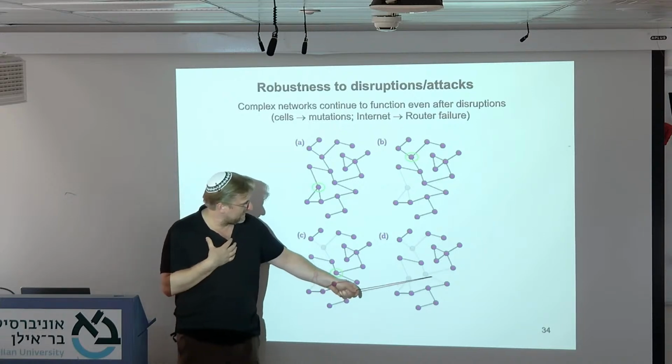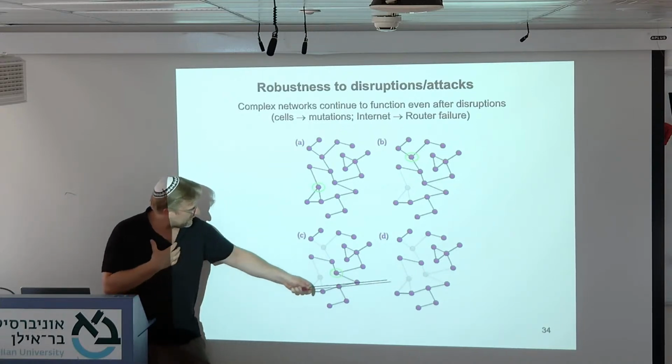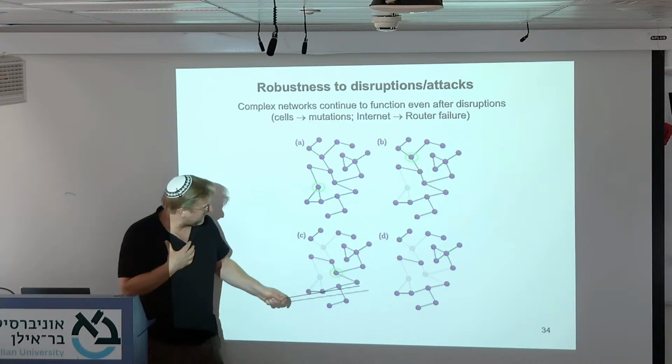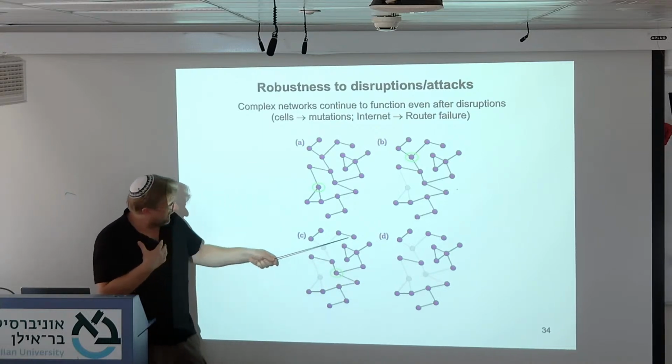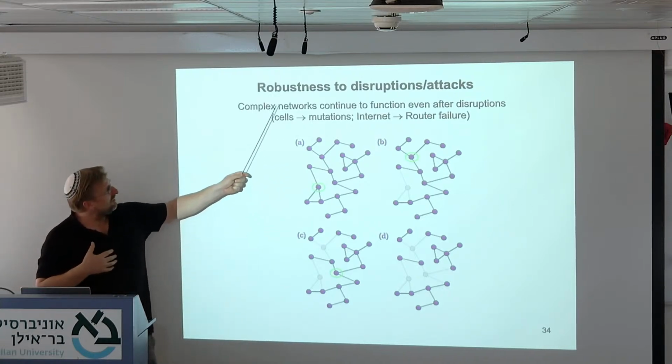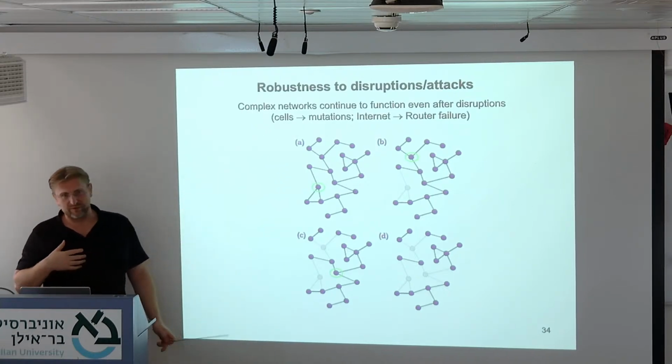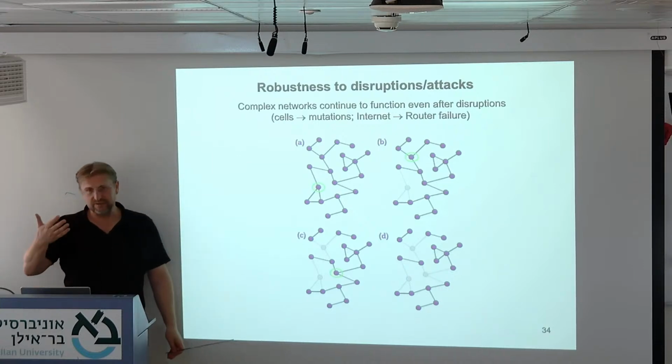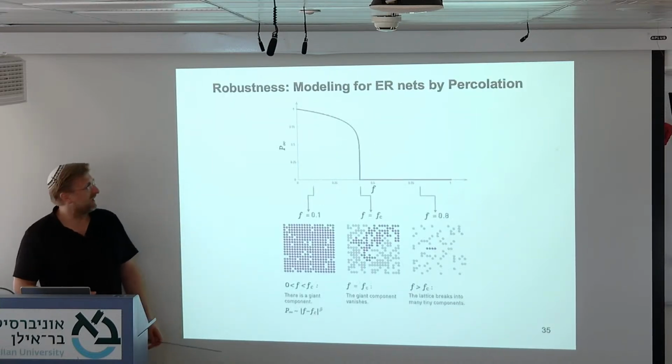So in this case there would be no infinite cluster, and then you would add a node here, for example, and then you build an infinite cluster. Okay, so when people study the robustness of networks, they basically study a percolation problem.